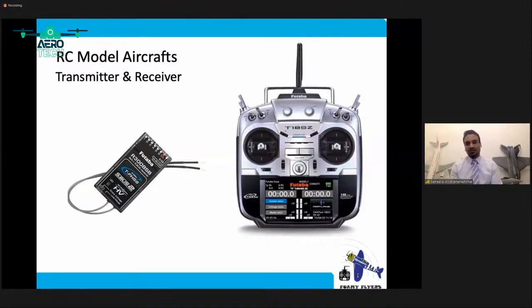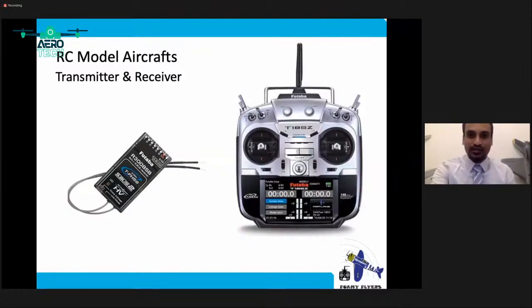For example, if you have 5 or 6 aircraft models, you don't need to have 5 or 6 radios. All you need is this receiver, which goes onto the aircraft and is bound to the particular transmitter, and it will communicate directly with it, and it will not have any issues with signal interference unless there is an issue with your transmitter or the receiver.